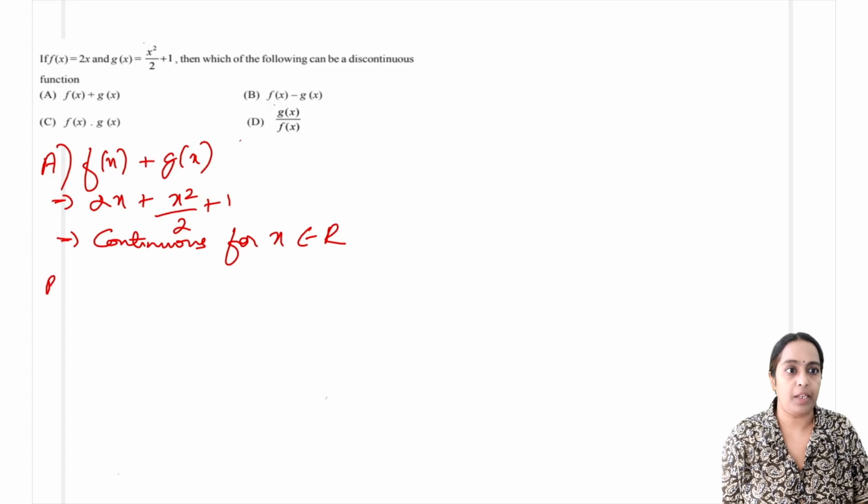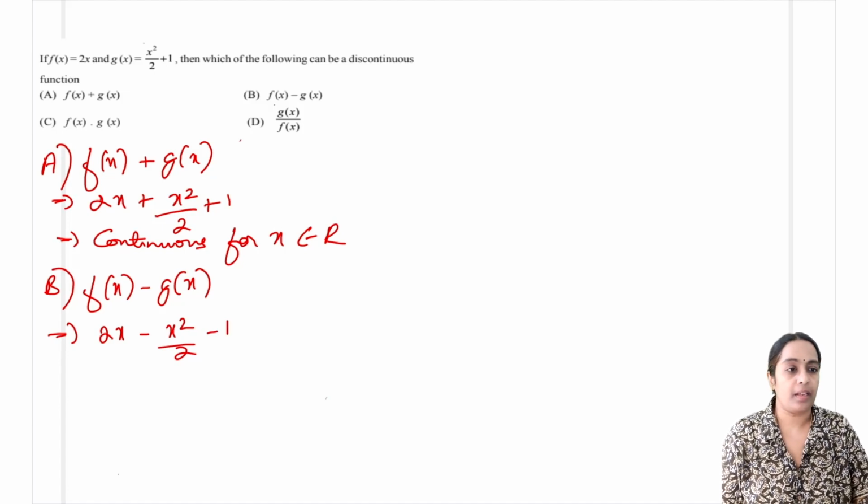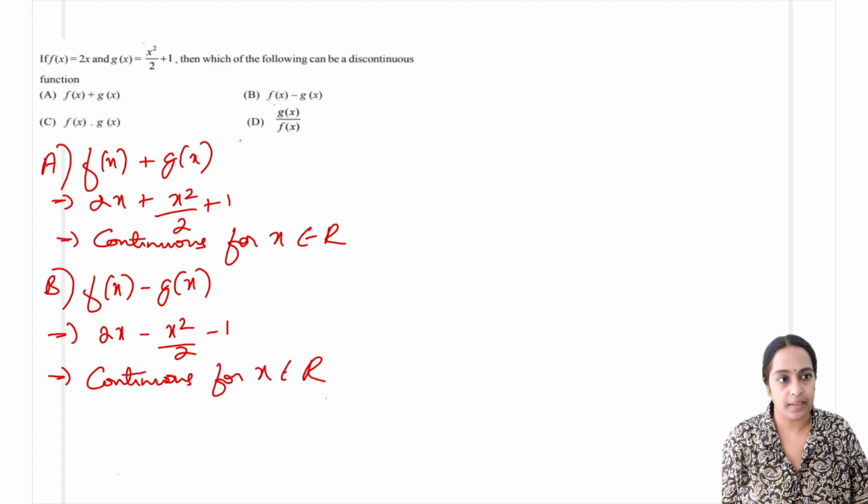The second option, B, the question says f of x minus g of x. So f of x is 2x, g of x is x squared by 2 minus 1. Again, this is a quadratic polynomial and we know it is continuous for all x belongs to the real number set.